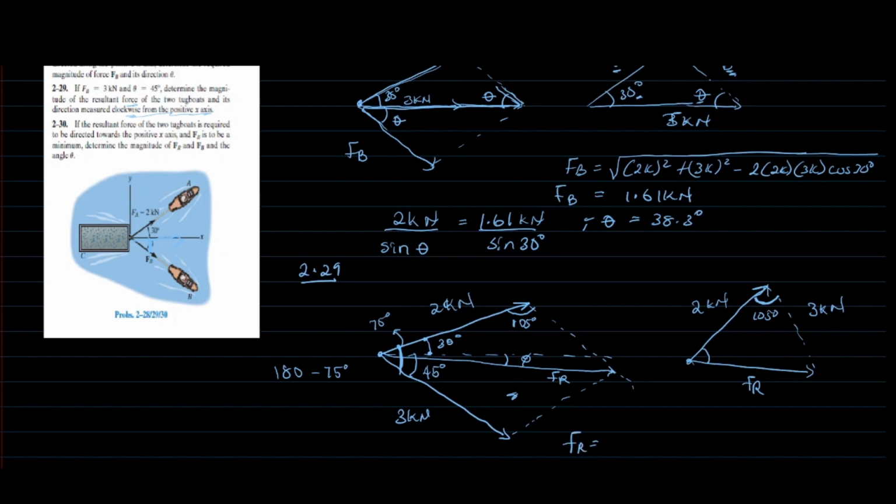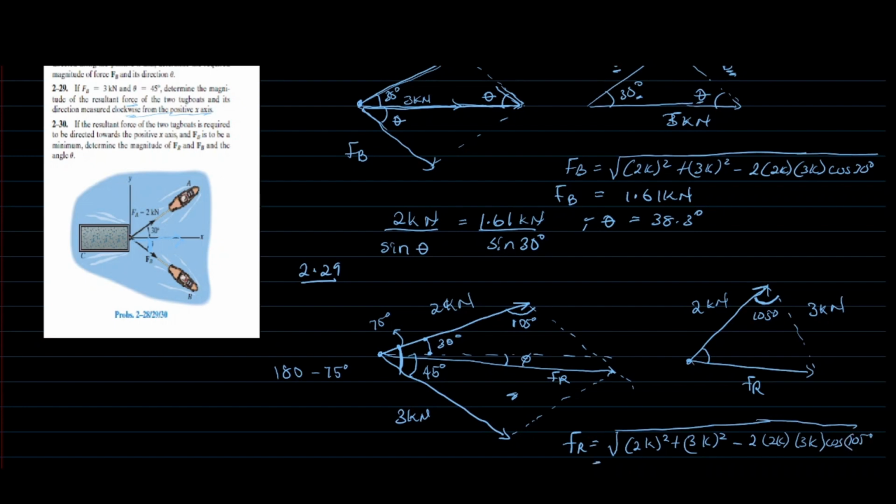FR is going to be equal to the square root of the squares of the other two sides, 2k squared plus 3k squared minus 2 times 2k times 3k, by the way, k means 10 raised to the power 3, cos 105 degrees.